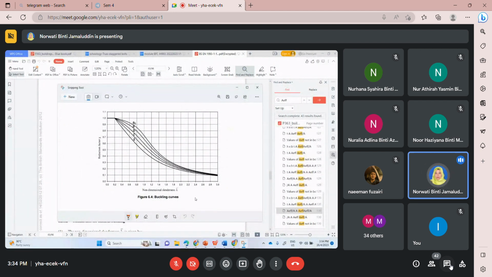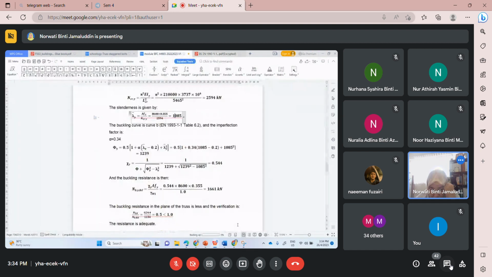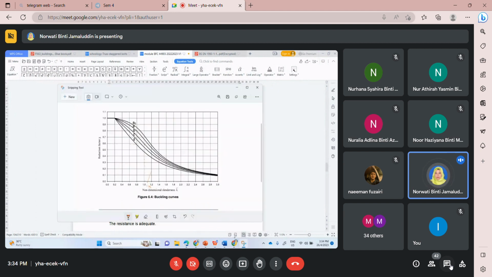This one is 1.0. This one is 1.15. Okay, 1.085 is maybe slightly here. Still curve B. And then 0.58, 0.544.